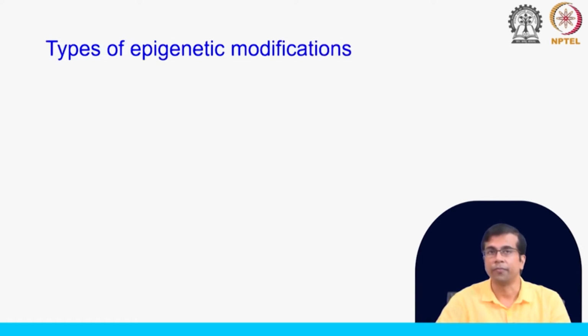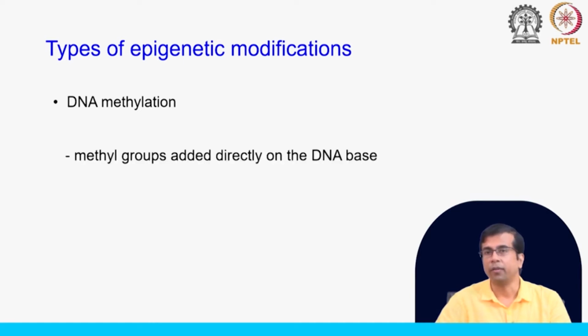Okay. So, there are different types of epigenetic modifications, and the first one, a very common one, is called DNA methylation. Okay. And this is something you probably all are aware of, right. So, these are methyl groups that are added directly on the DNA base, right.